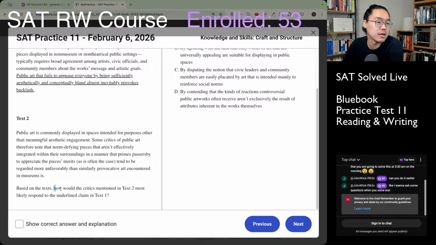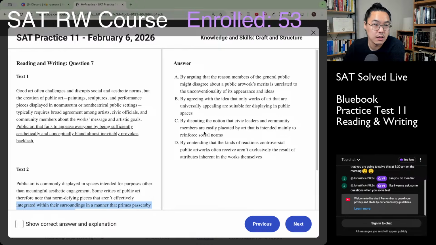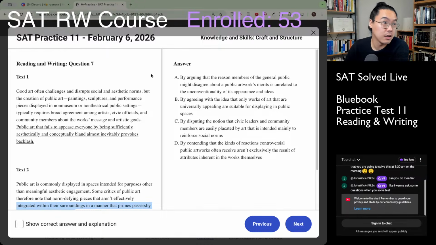How would the critics of text 2 respond to the underlying claim in text 1? So it would say, yeah, it doesn't inevitably provoke backlash. It only provokes backlash if it fails to integrate with the surroundings in a way that primes passersby to appreciate the rule-breaking, disruptive, challenging features.